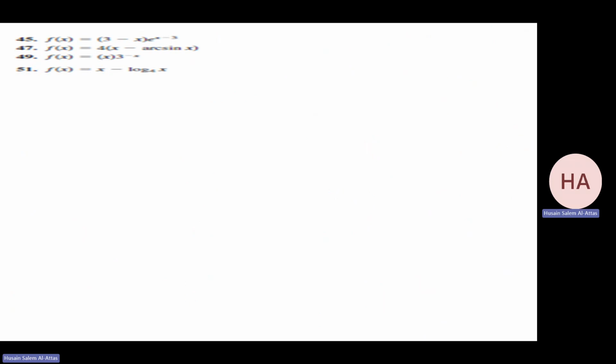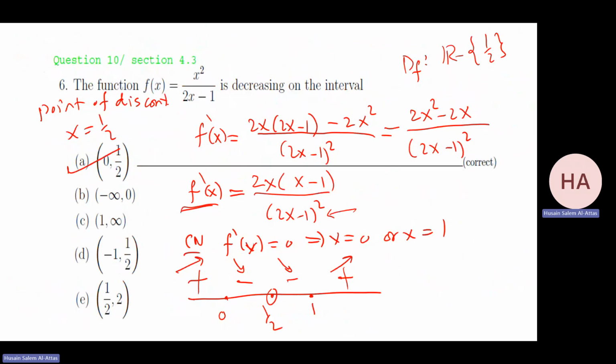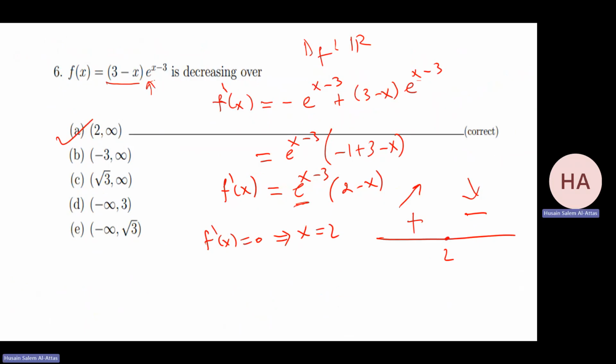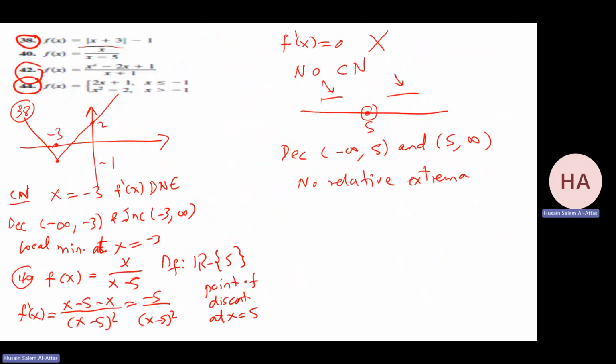It was in one of these old exams. So we can finalize it. I think you can decide easily. This is increasing here, decreasing here, and at 2 I have a local maximum. Yeah, I will leave it. I don't think we need to do it.